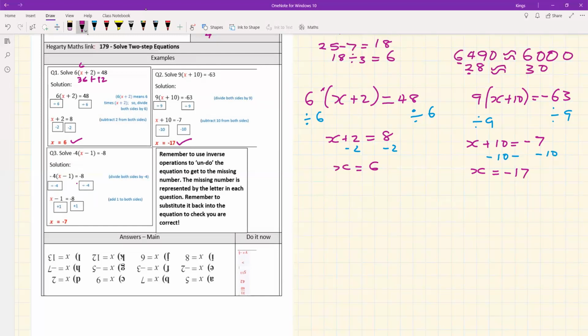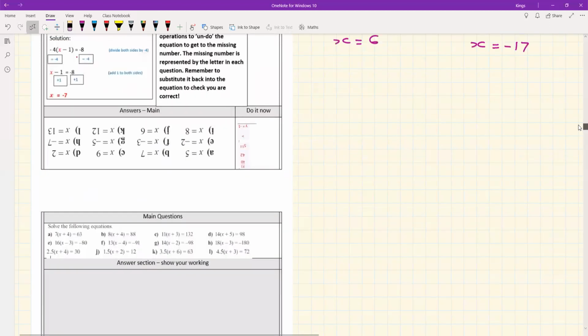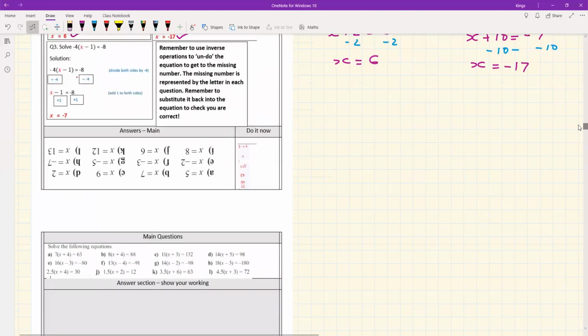Okay, so the final example now, I'm just going to scroll down a little bit. So we've got minus 4 bracket x minus 1 equals minus 8.